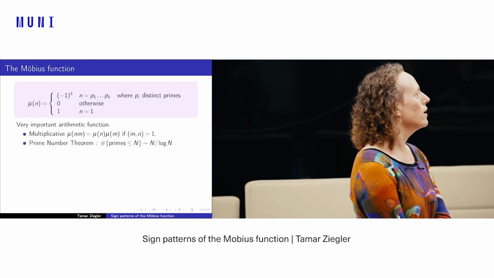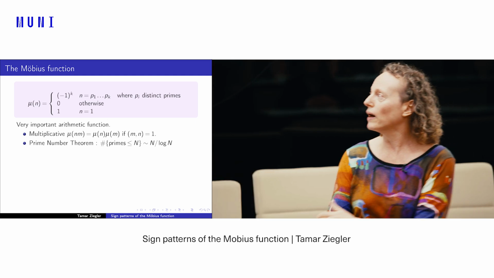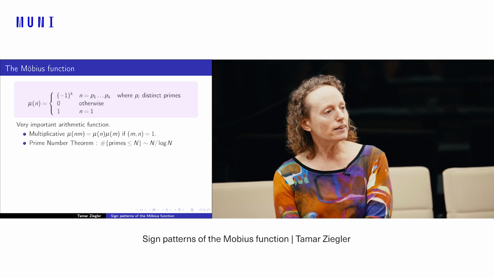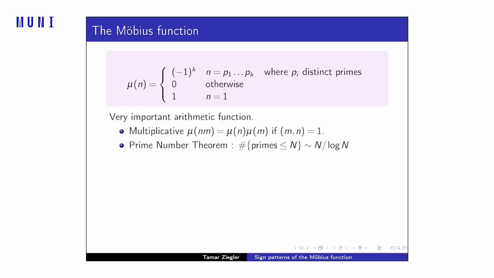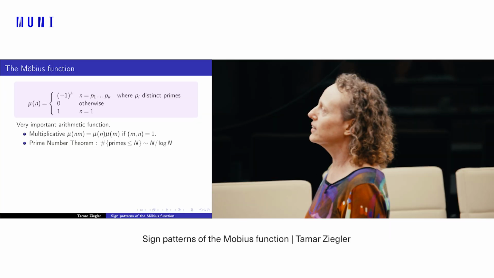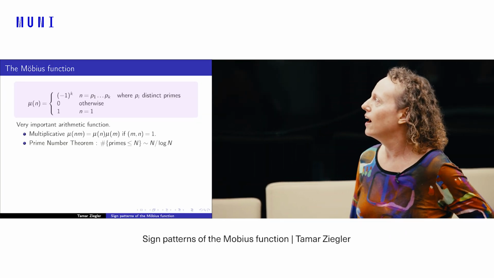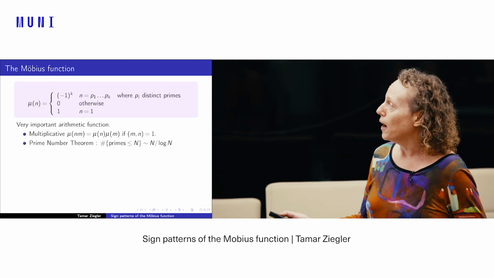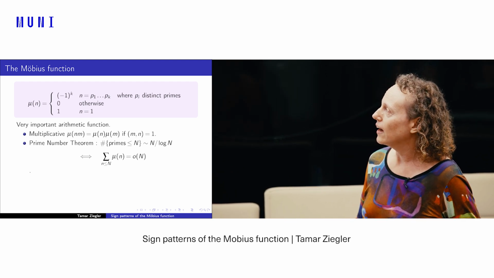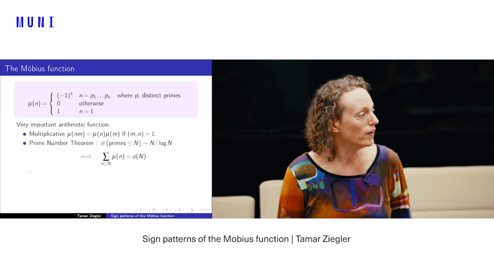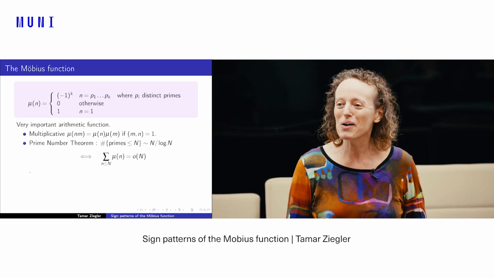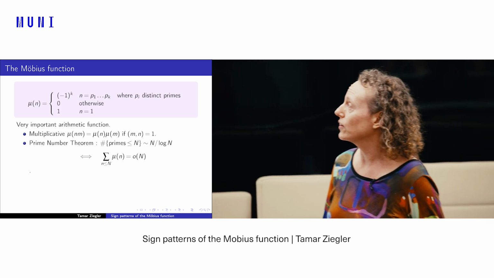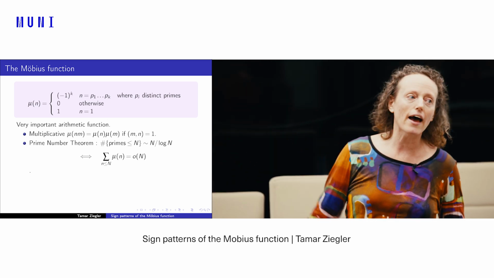Probably the most well-known theorem in analytic number theory is the prime number theorem. The prime number theorem tells us that the number of primes up to n is roughly n over log n. This is about 100 years old, or maybe more than 100 years old. Apparently this is elementarily equivalent to a statement about the Mobius function having cancellation.